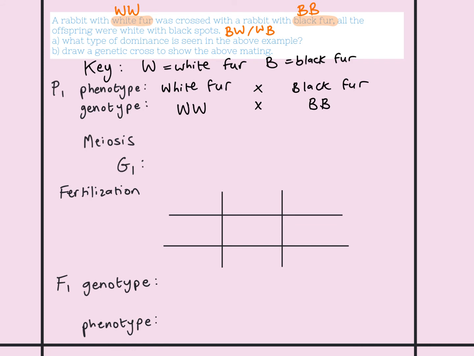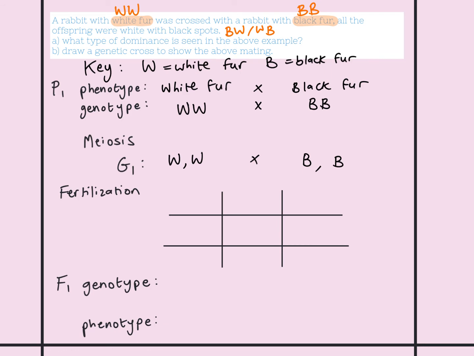Then this bunny or rabbit can only give a W to its gametes. So all of its gametes will have W's, and all of these gametes will have a B. Remember, the gametes are only 1 letter, because this gamete can fuse with that gamete, and then you will end up with 2 letters again to make the genotype. A genotype for every trait is always 2 letters, 2 alleles.